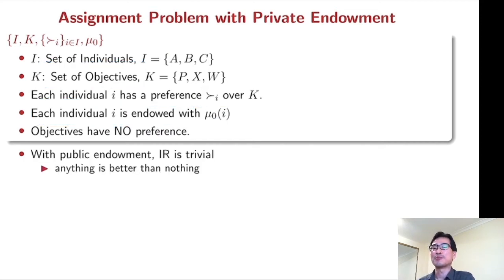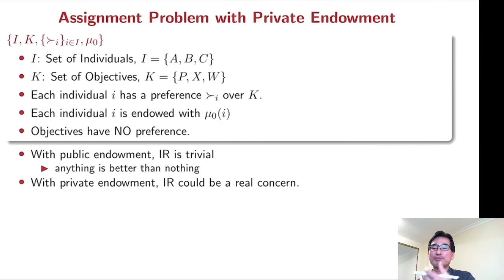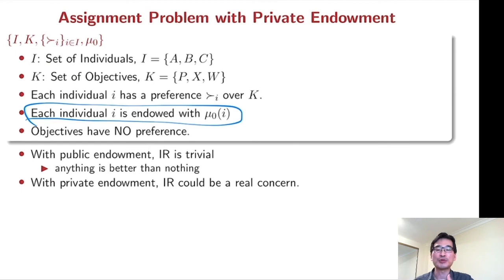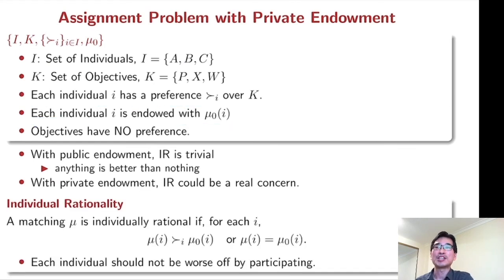With public endowment, individual rationality is trivial because anything is better than nothing. But with the private endowment, individual rationality could be a real concern. Formally, individual rationality requires that each individual should not be worse off by participating in that algorithm or mechanism.